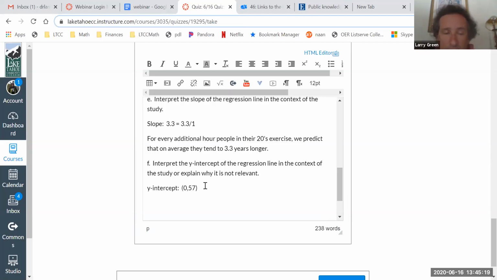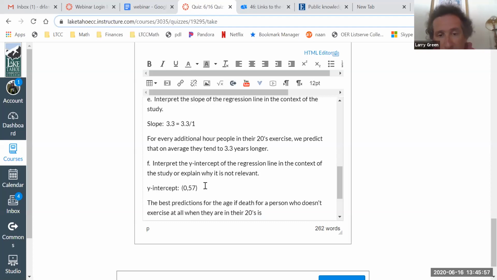And now let's interpret it. What we can say is the best prediction for the age of death for a person who doesn't exercise at all, that's what 0 means, when they're in their 20s, is to die at age 57.